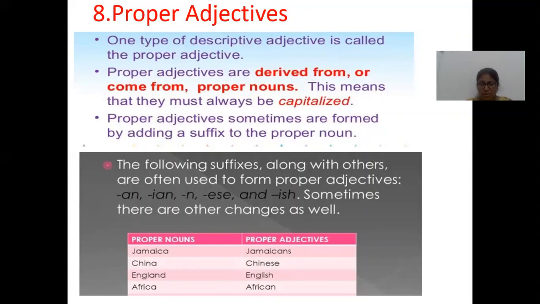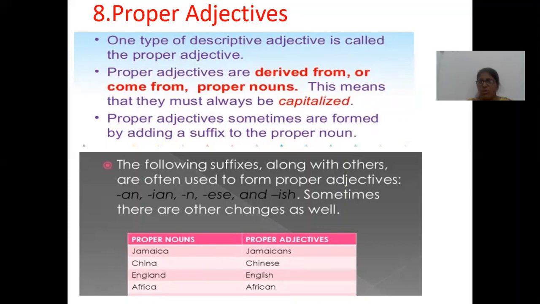For example, here I have put some proper nouns. The first one is Jamaica, China, England and Africa. These are the names of countries. But when I add, for example, ESE to China, it is becoming Chinese. When I add ISH, only ISH, to England, it is becoming English, a proper adjective.